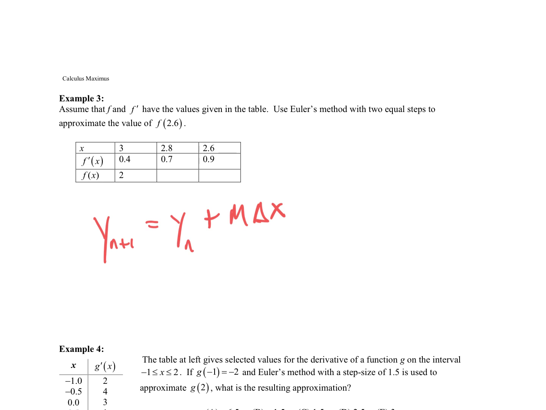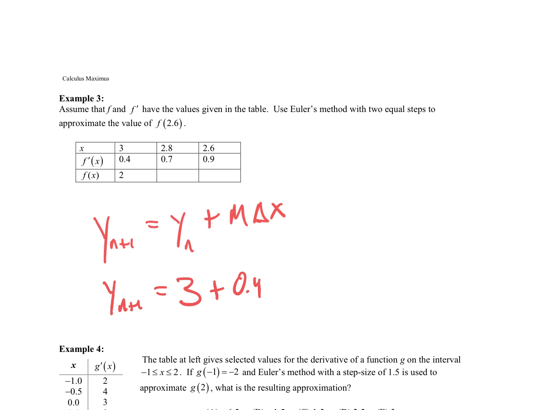All right, so what we need to do is we have this first value when x is 3, y is 2. Okay, so to find the next y value, y of n plus 1, the new y value, let's take the old y value plus the slope, the derivative, 0.4, times delta x.